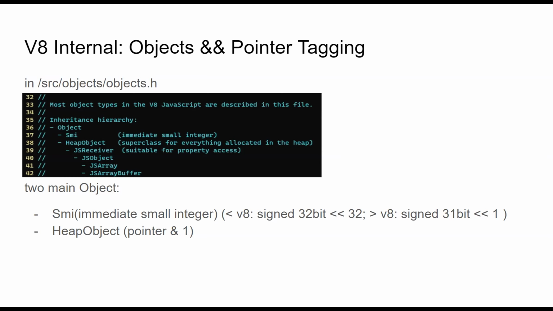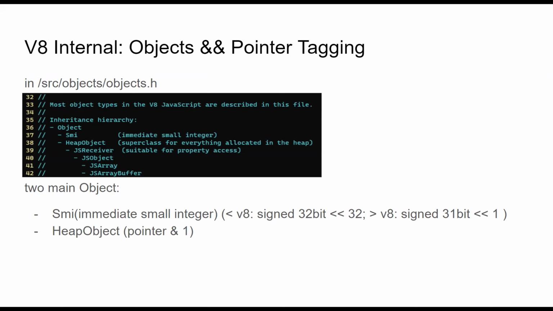To represent the SMI in V8 versions before 8, the SMI is represented using a signed 32-bit integer left shifted by 32 bits, which means the SMI takes the space of 64 bits, but the lower 32 bits will be all zero, and only the higher 32 bits represent the signed 32-bit integer.